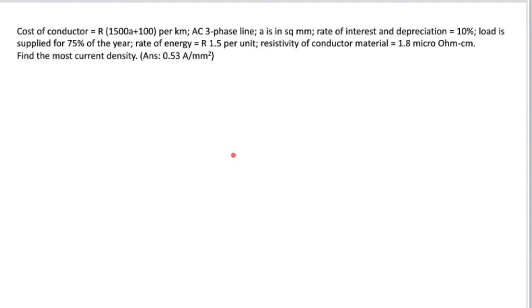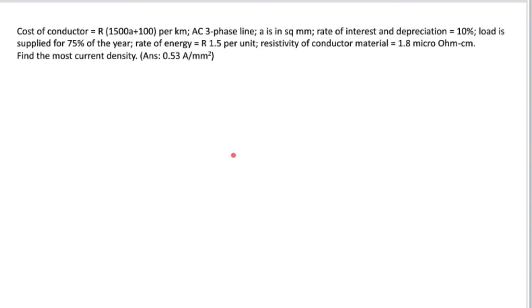So the cost of line is equal to Rand 150A plus 100 times 1, because it's 1 kilometer. That's the cost of line.